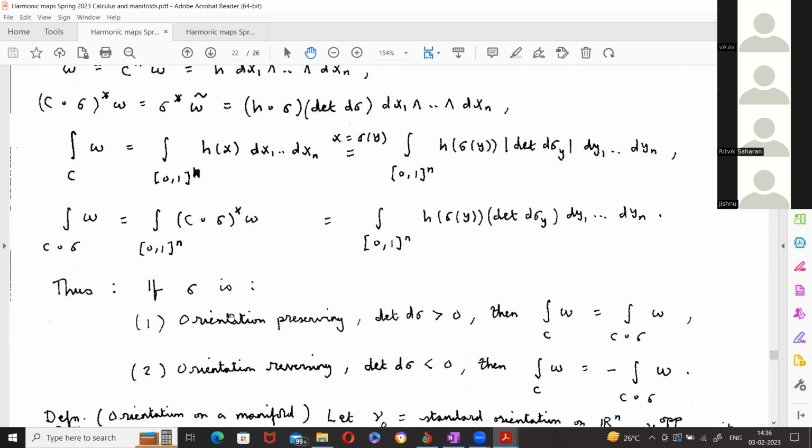We say that sigma is orientation preserving if the determinant of d sigma is positive everywhere. Then these two integrals are the same: the integral of omega over the cube is the same as the integral of omega over c composed with sigma, the same cube but reparametrized. Whereas if sigma is orientation reversing, meaning the determinant of d sigma is negative, then the integral of omega over c becomes minus the integral of omega over c composed with sigma. Is this clear?